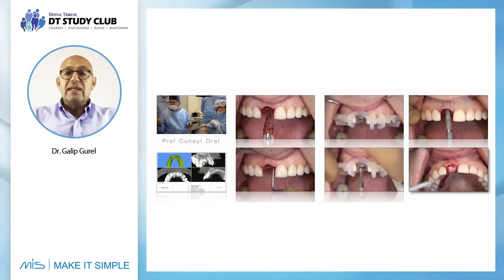So through this guide, Professor Oral goes in with a pilot drill, just expands the hole as much as it needs, which corresponds to the diameter of the implant that we'll be placing.